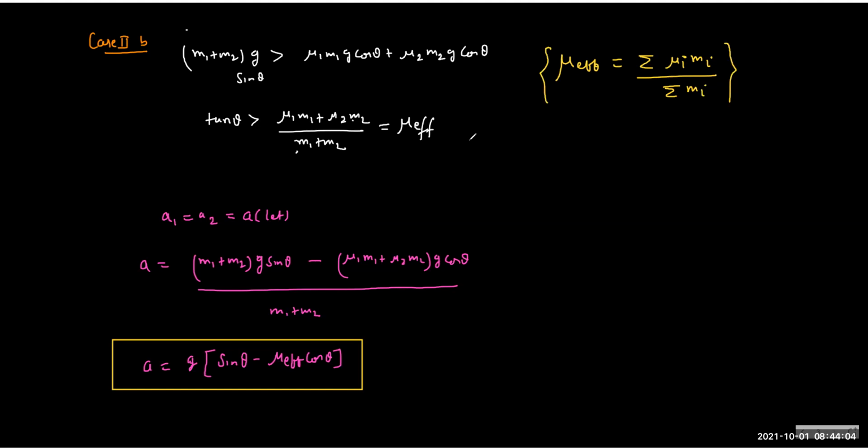If we can make sure that all blocks are going together, by making contact, meaning they press each other, then only can you apply this formula and get the answer. So we are done with case 2.